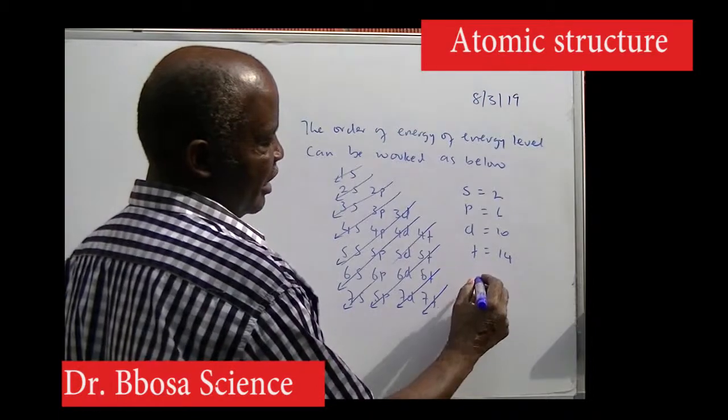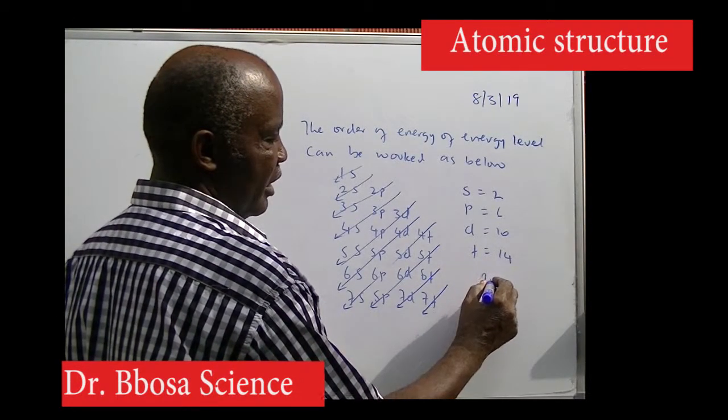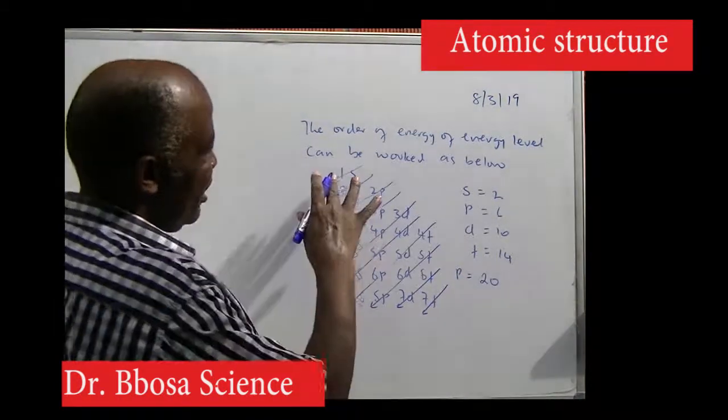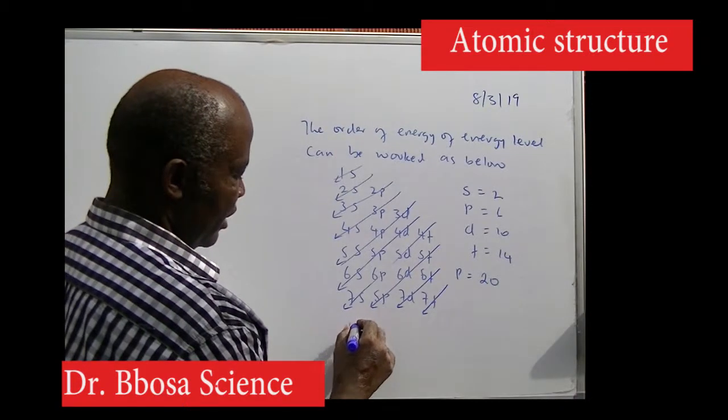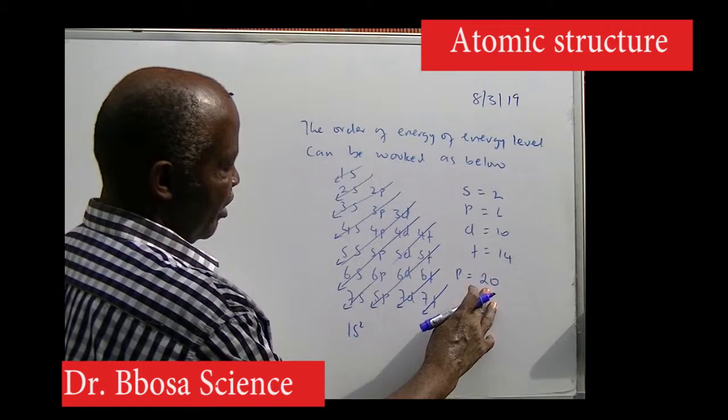If you write the electronic configuration of an element, say with 20 protons, then we put the first 2 electrons in 1s2, leaving 18 electrons remaining.